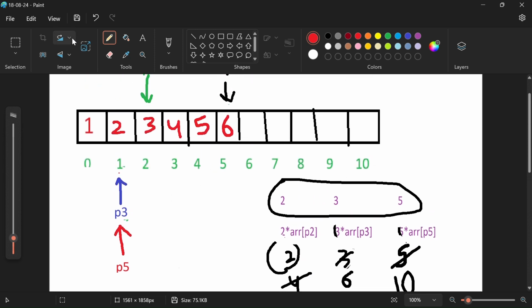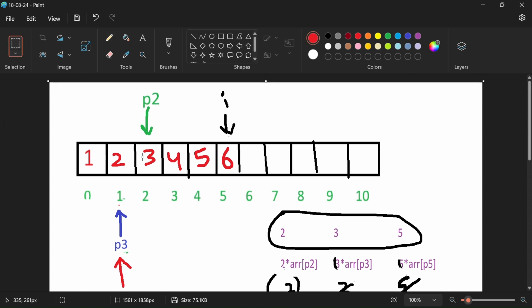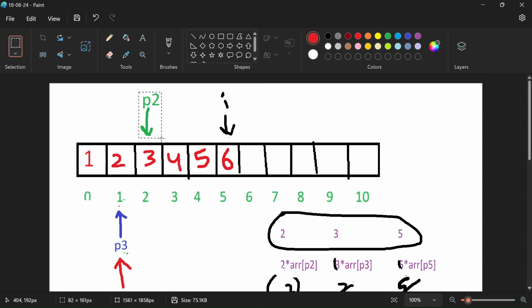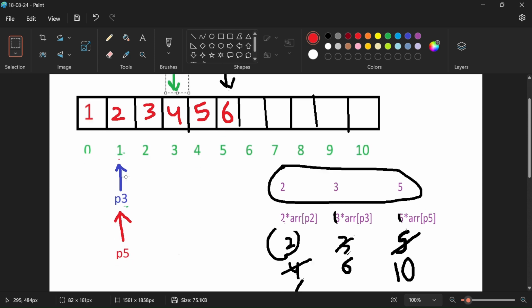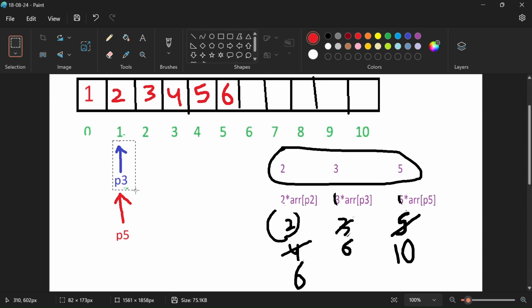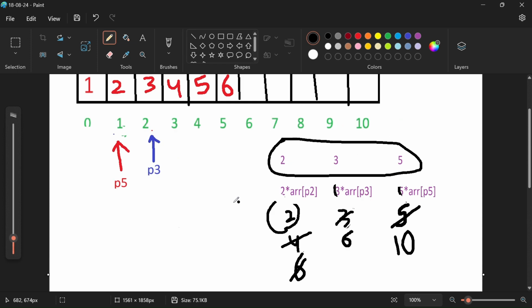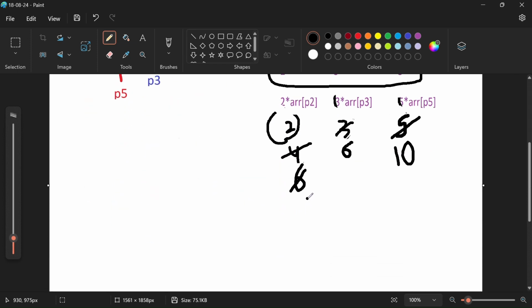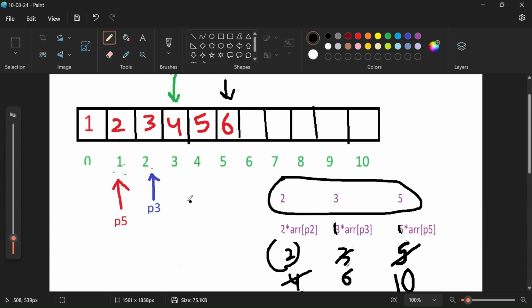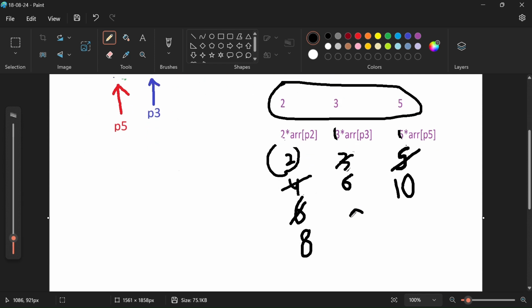We move p2 and p3 to their next multiples and keep p5 where it is. So p2 moved to 4, which gives 8, and p3 moved to 3, which gives 9.